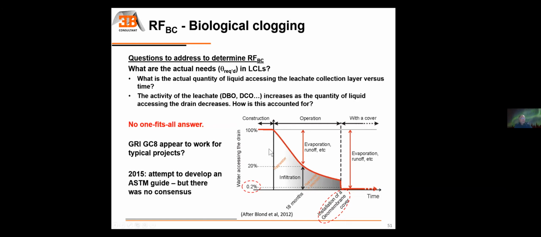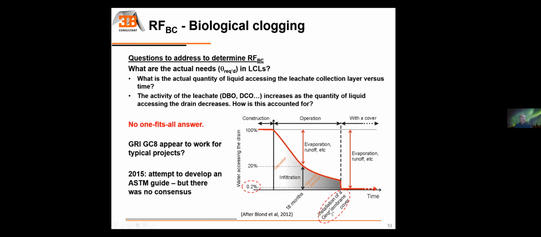You can see here, right after construction, it's mostly rain, and rain has no biological activity at all, so you don't need to have any reduction factor for clogging. The more you increase the quantity of leachate into the landfill, the more you have some leachate actually reaching the drainage collection layer, but the less flow you have getting there. So the less need you have as well.